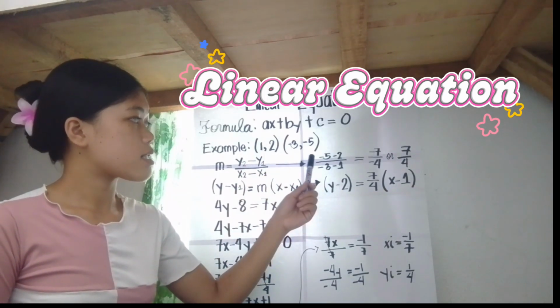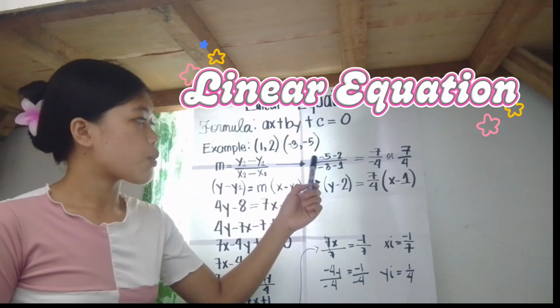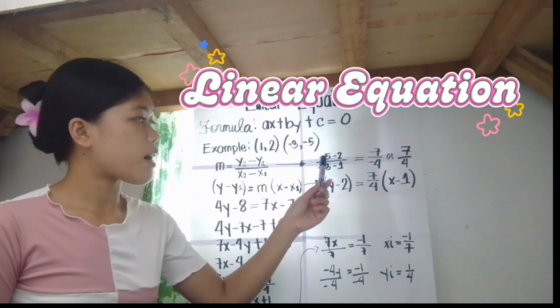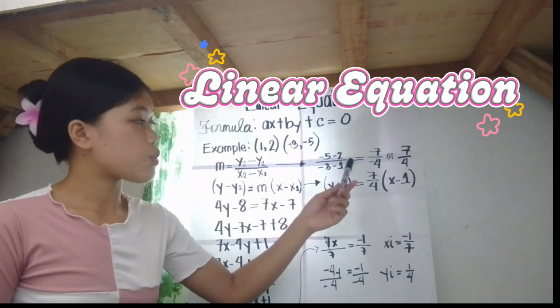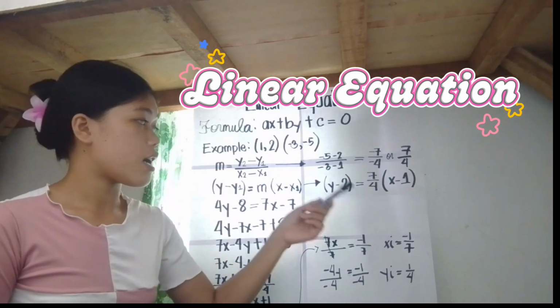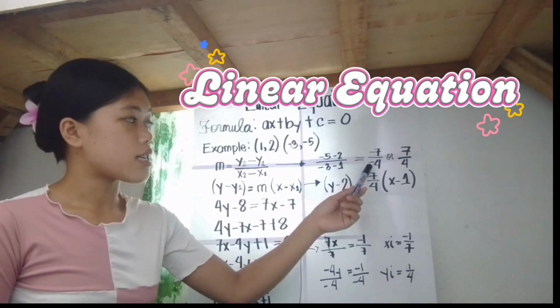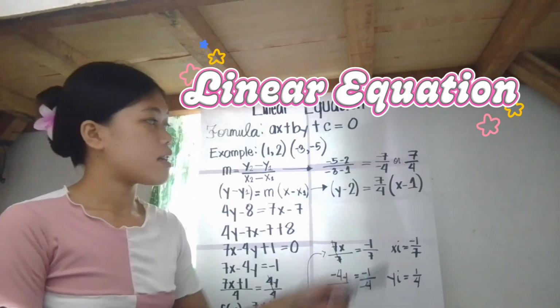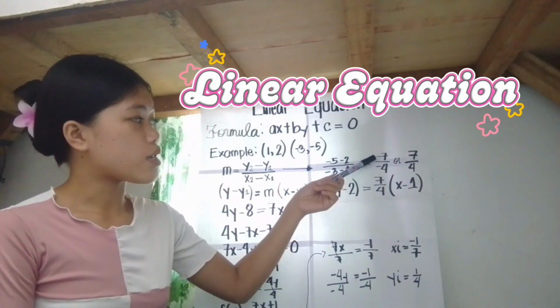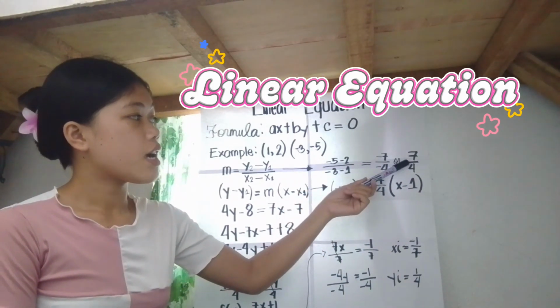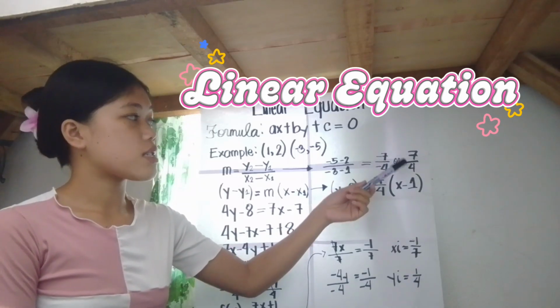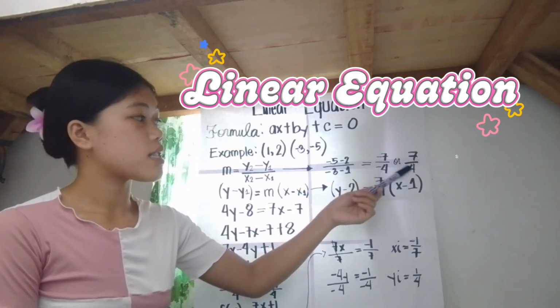Let us solve for this. Negative 5 minus 2 is negative 7, and negative 3 minus 1 is negative 4. Then let us divide the signs, so we have 7/4.